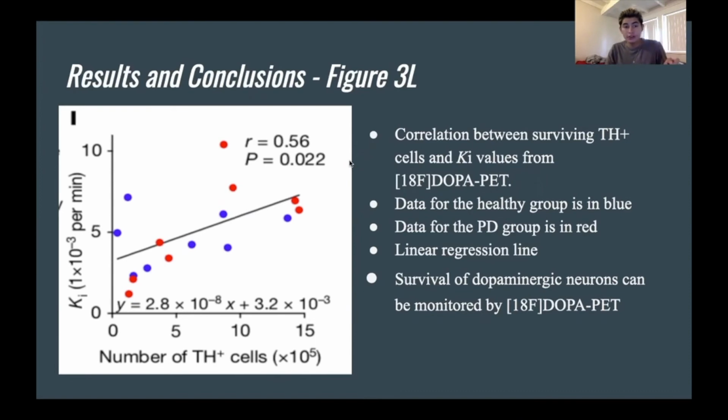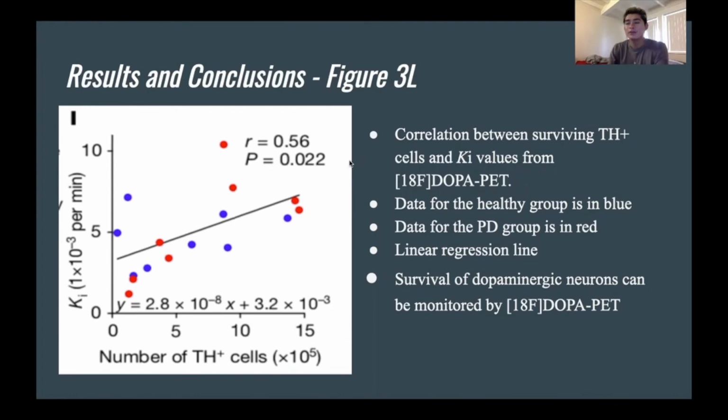The influx constant, also known as the Ki values, for this graph was calculated using the Logan reference tissue model to obtain quantitative values in the transplanted areas of the monkeys' brains, which is also really cool.